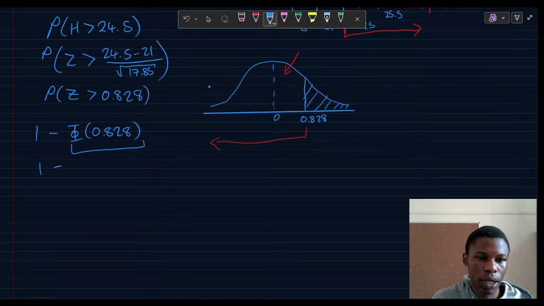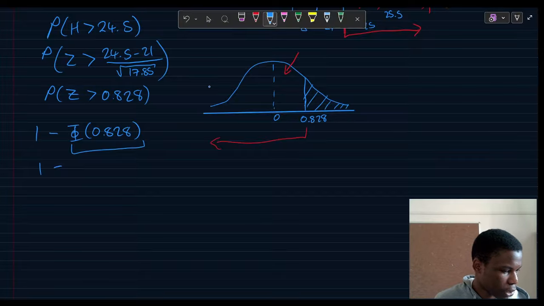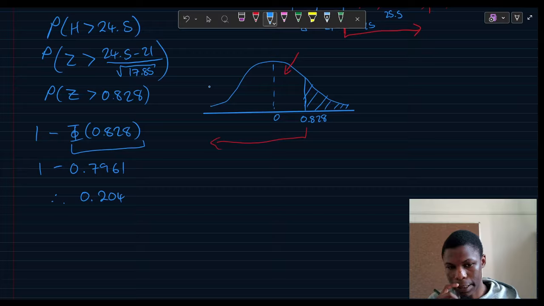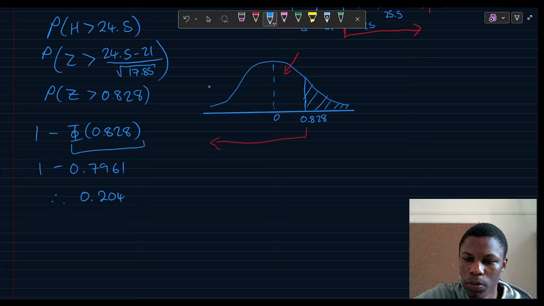We go to our normal distribution tables and read off phi of 0.828 to be 0.7961. And so this gives us a final answer of 0.204 to 3 significant figures. That is the normal approximation, 5 marks.